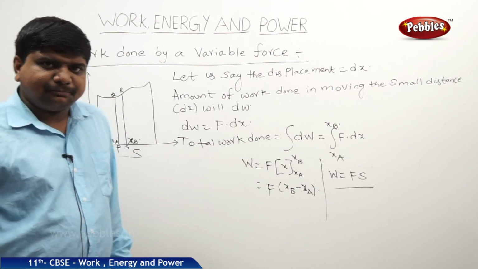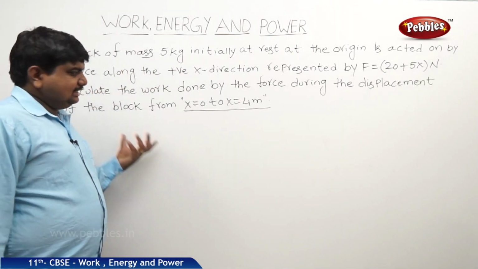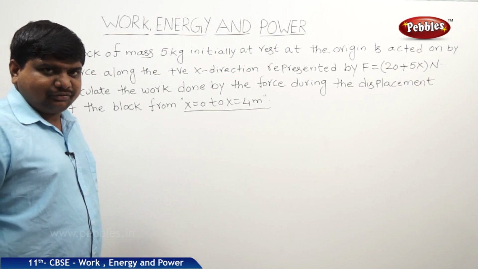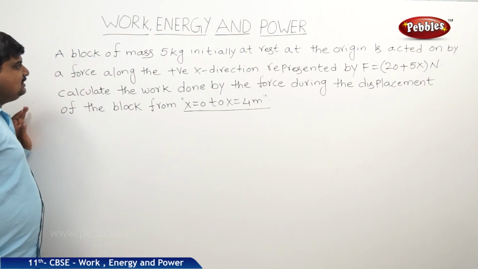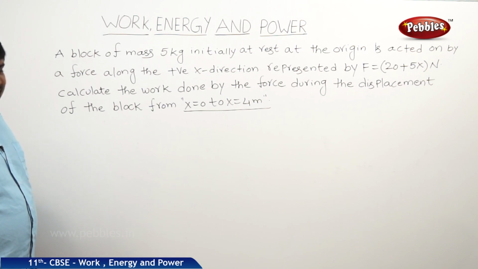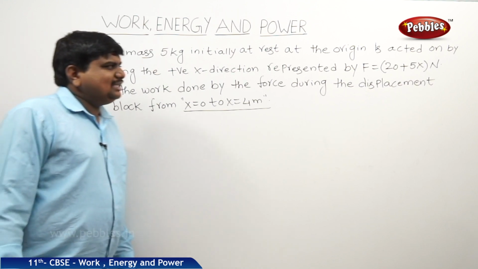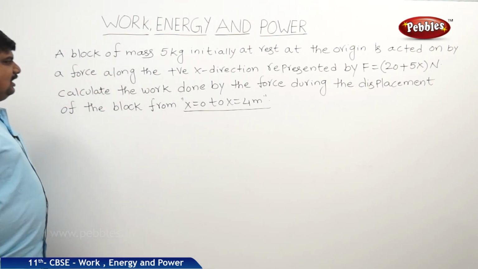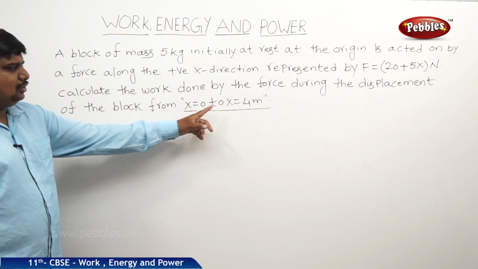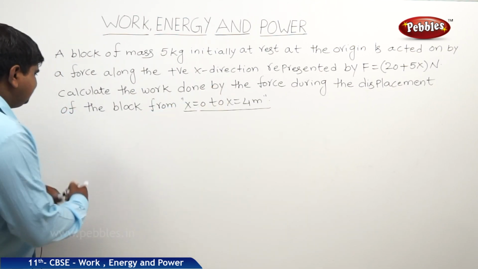XA to XB. Here we have one problem to understand the concept of work done by a constant force or variable force. The problem is: a block of mass 5 kg initially at rest at the origin is acted on by a force along the positive x direction represented by 20 plus 5x newtons. Calculate the work done by the force during the displacement of the block from x equal to 0 to x equal to 4 meters.